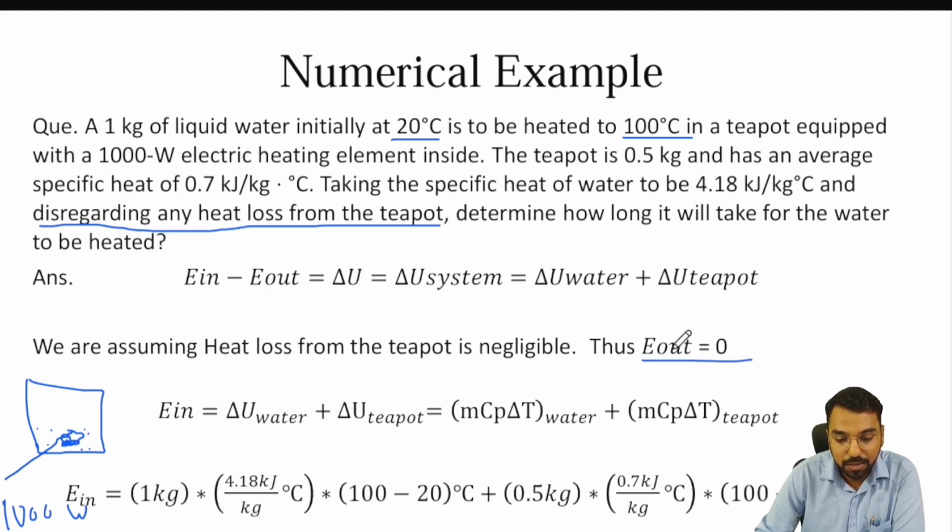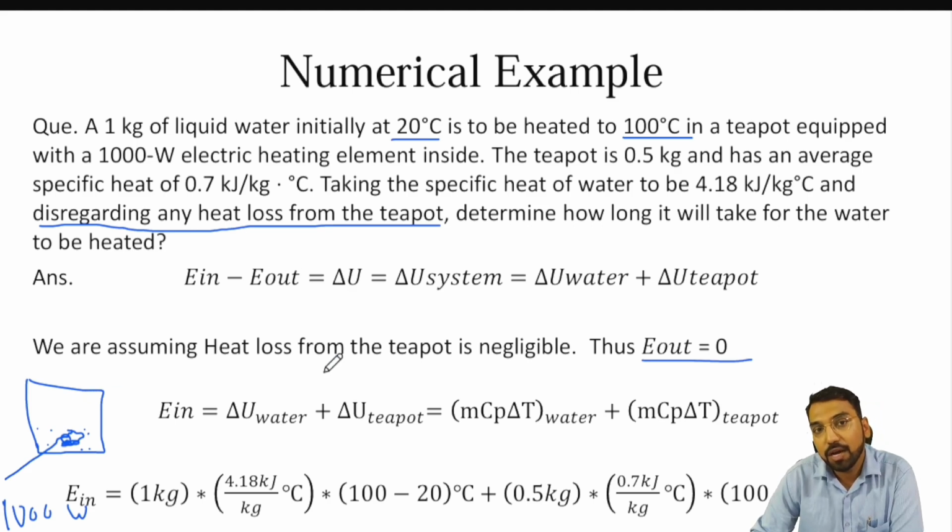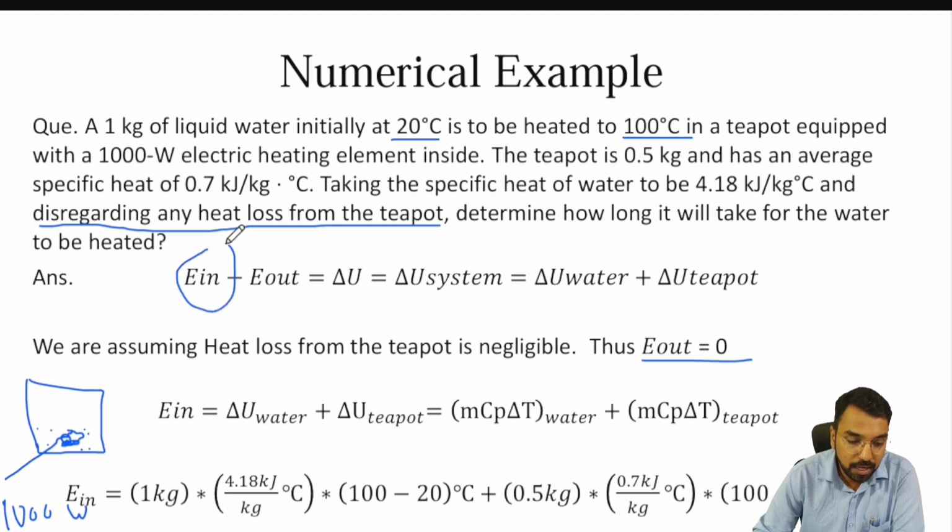So E out, the energy going out from the system, we take as 0. So energy in is equal to delta U, the change in internal energy of the water plus the change in internal energy of the teapot. The equation for change in internal energy is mCp delta T. Here mCp delta T represents a constant pressure system.